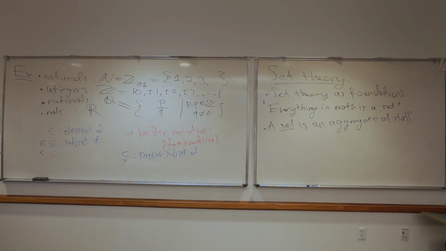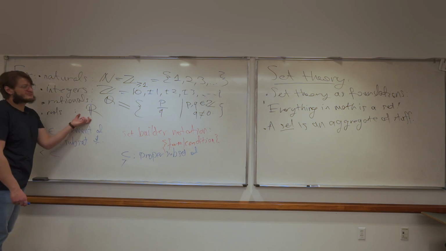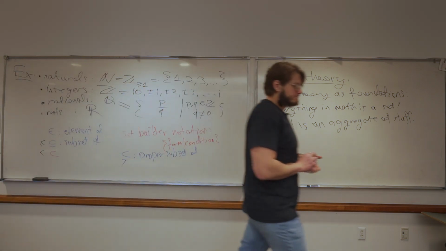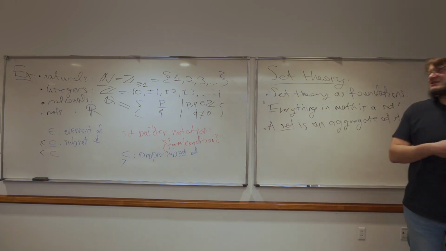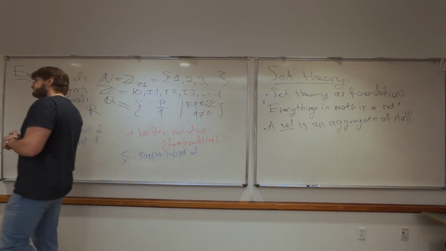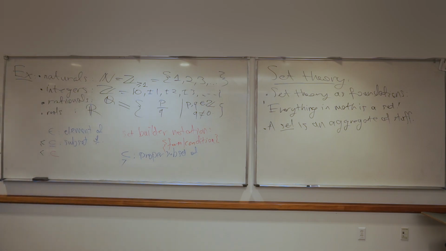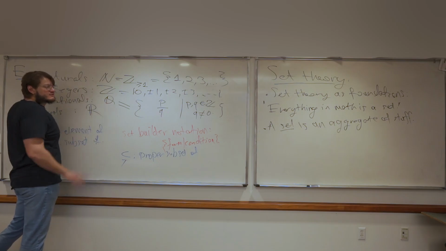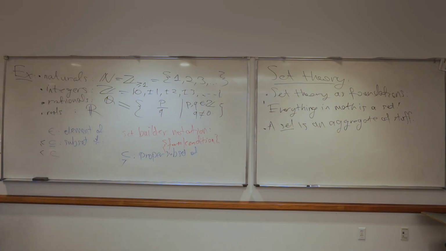How do you write down the reals? Well, this is really the part that I'm going to skip. How you formally write down the reals is rather involved, so we're just going to take the reals as they are. This means it's a certain set that contains all rational numbers and then some.